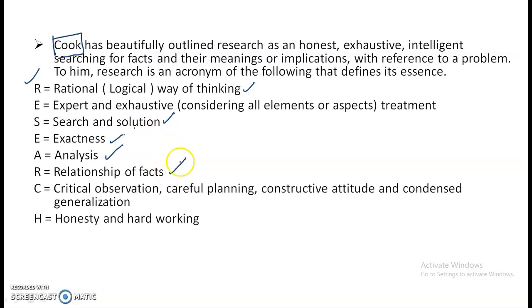And R stands for the relationship of the facts, and C is nothing but critical observation, careful planning, constructive attitude, and condensed generalization. And H stands for honesty and hard work. That goes for the research ethics, guys. That means in the case of research ethics, you have to follow honesty. Okay, that one separate topic is there for the research ethics that we will see in the upcoming videos.